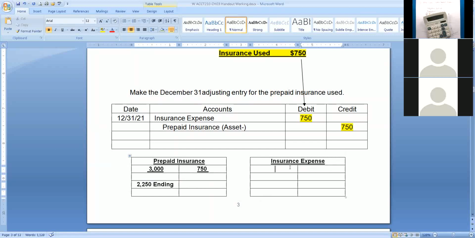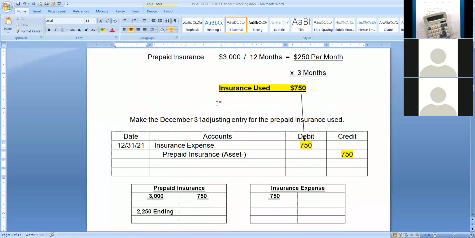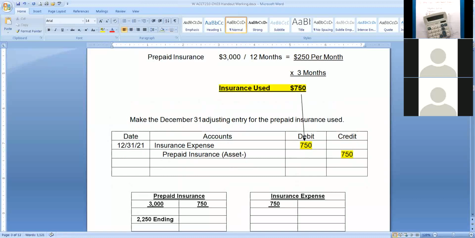It's going to be a debit. So this will be on the balance sheet. And again, no cash.